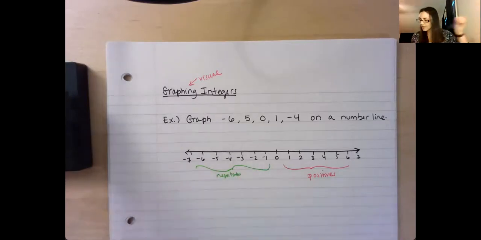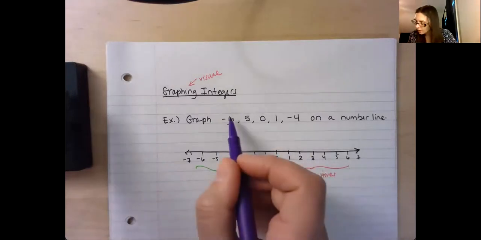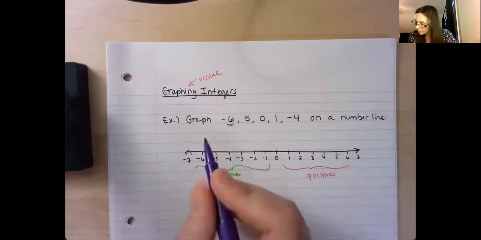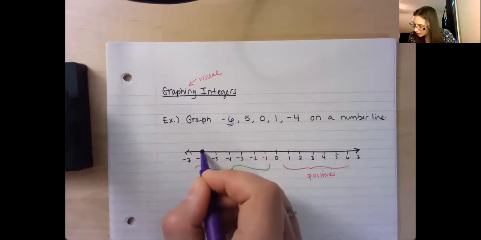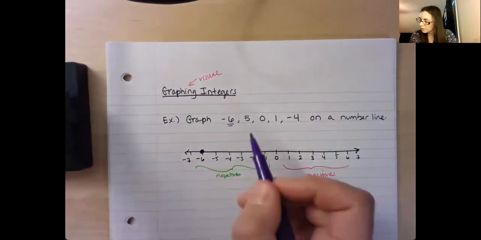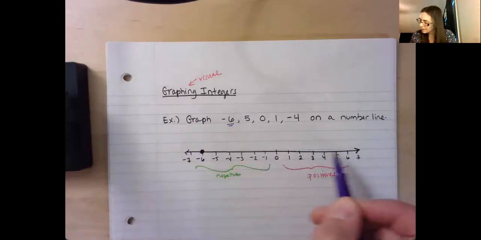So let's go ahead and graph some of these values. So I'm going to start with -6 first. So if I look at -6, I can see that negatives are on the left. It's way over here. And what you do is you just fill in a solid dot right on that -6. For 5, that's a +5. So I'm looking over here on my positive side.